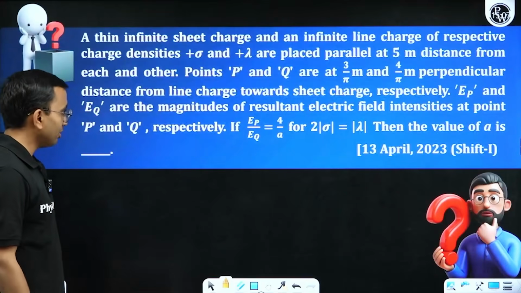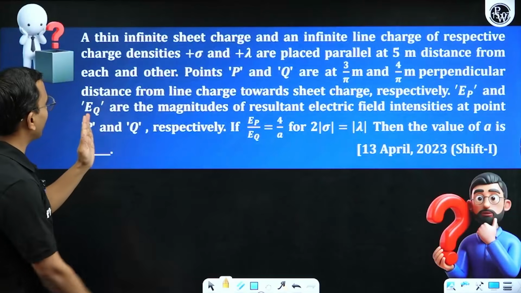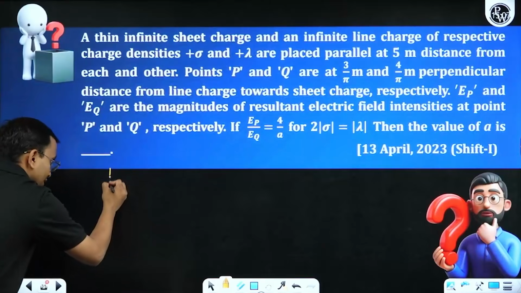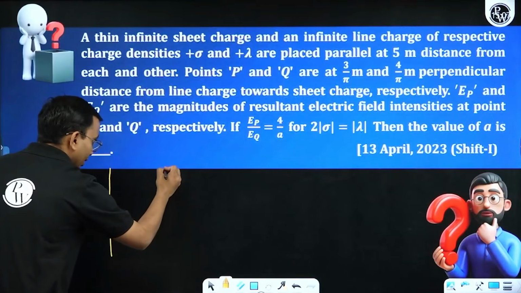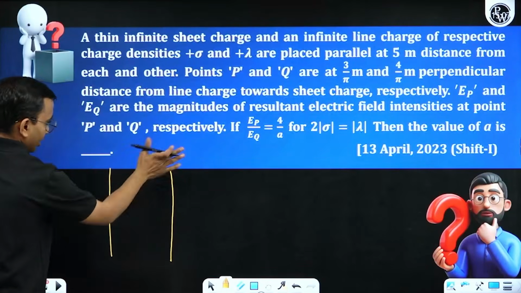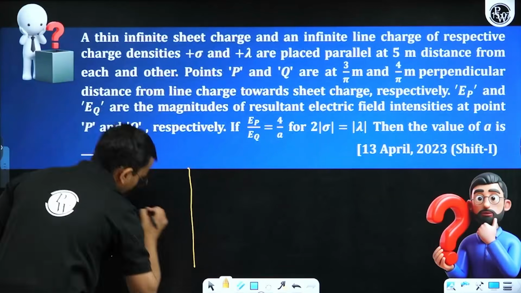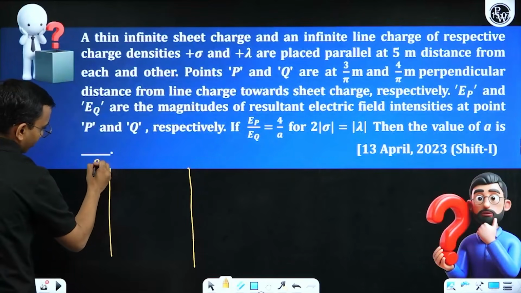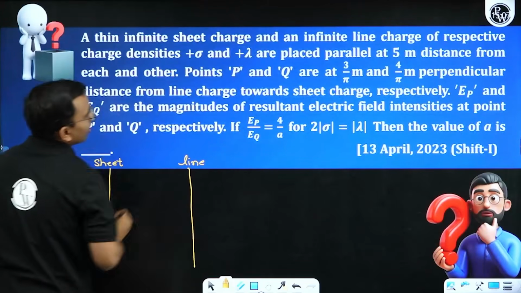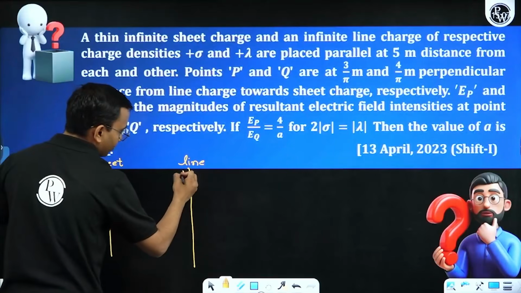Let me draw a diagram so that you understand it. We have one infinite sheet and another infinite line charge. Let me make a bit more space. This is my sheet and this is my line charge, with charge densities plus sigma and plus lambda.